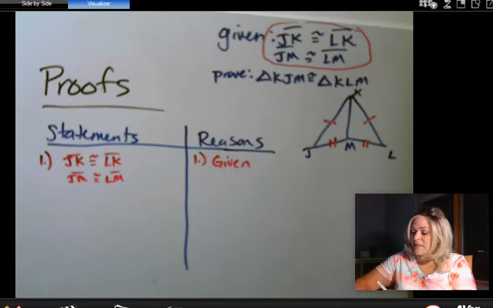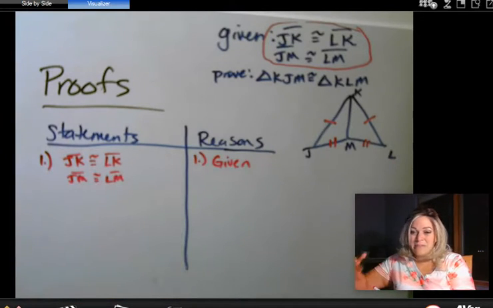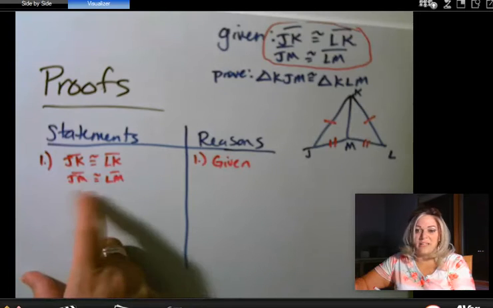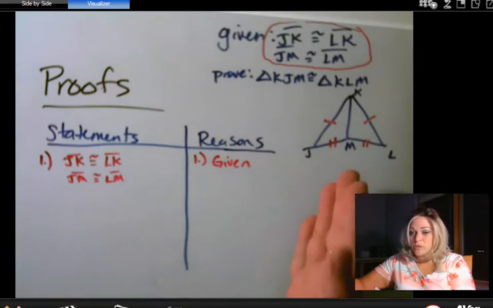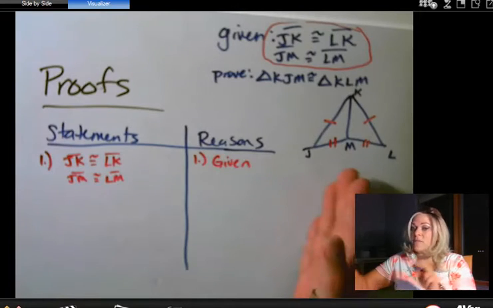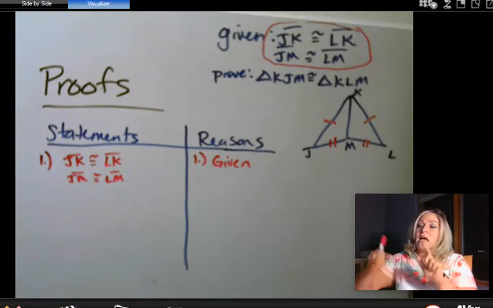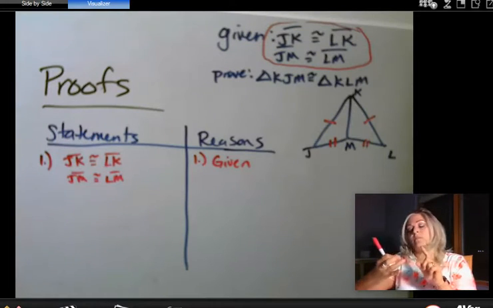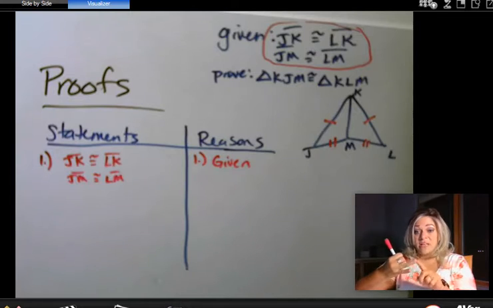Now, I look at my given. Is there anything else from my given that kind of leads me to something else? Well, not really. It just says they're congruent. So then I look at my visual and say, is there anything here I'm supposed to know? And when I mean supposed to know, that can mean like I'm supposed to know vertical angles are congruent. I'm supposed to know shared sides or shared angles use the reflexive property.